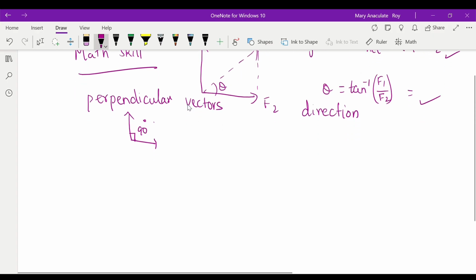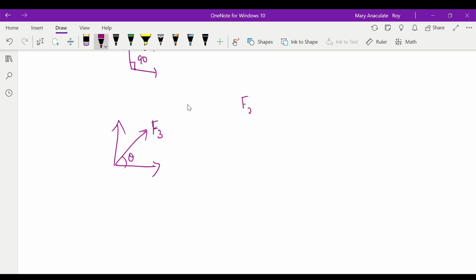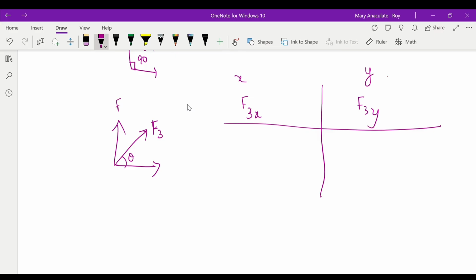This you have learnt in year 11, and if you have more than one vector, then you need to take the components. So if you have F3, you take F3x and F3y, and you will combine them with the x and y vectors. Let me take this as F1, this as F2.